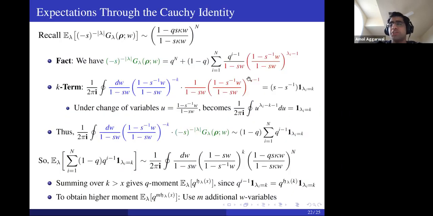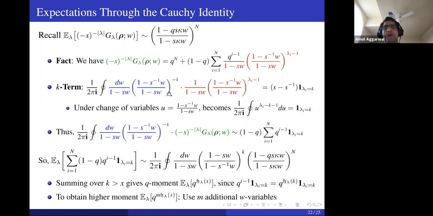You change variables and it becomes a very standard contour integral identity. So if I multiply both sides of this equation by this blue term here, I can start fishing out terms. And that's what I've written in this third bullet point here.